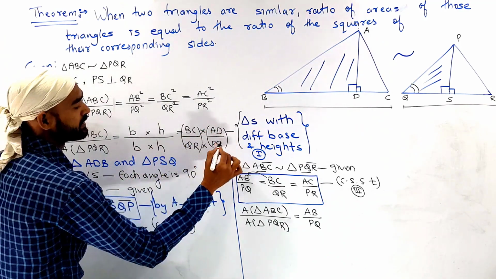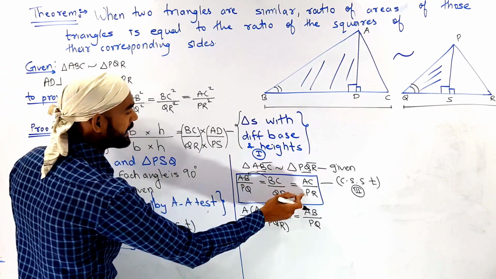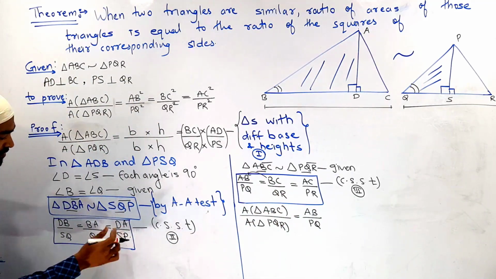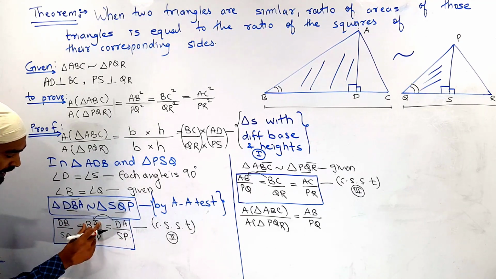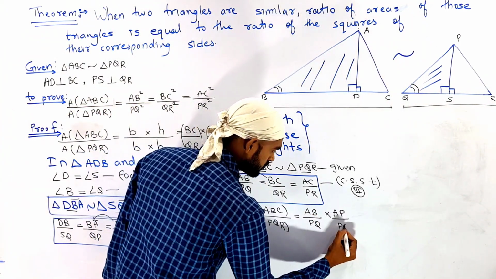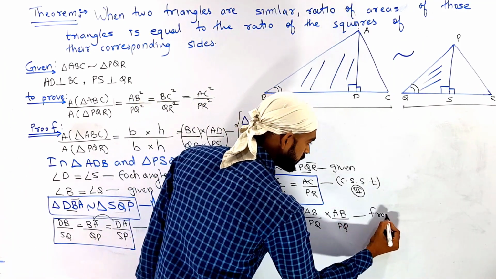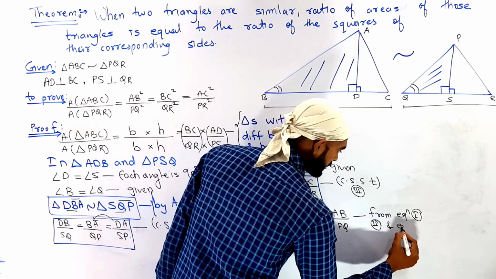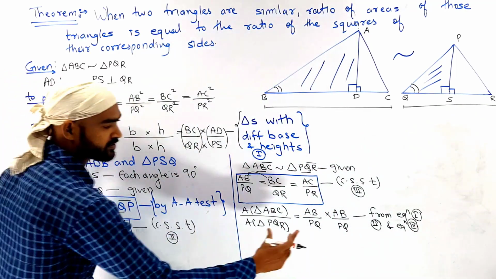Similarly, the first we have done. Now let us go for the second, AD upon PS. Let us check where it is, in 2 or 3? AD upon PS is not available in 3. In equation number 2, yes, AD upon PS is also equal to BA upon AP, so AB upon PQ. Again I can write AB upon PQ. This we got from equations 1, 2 and 3.